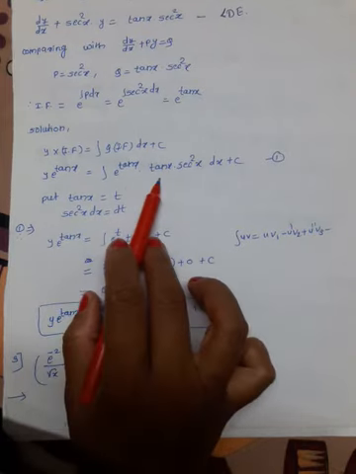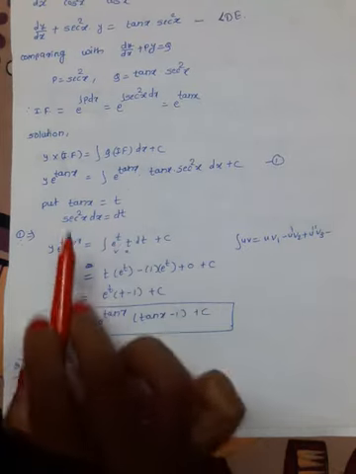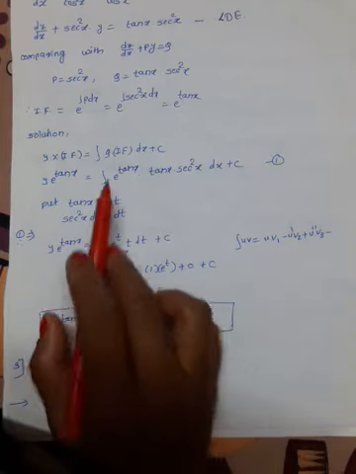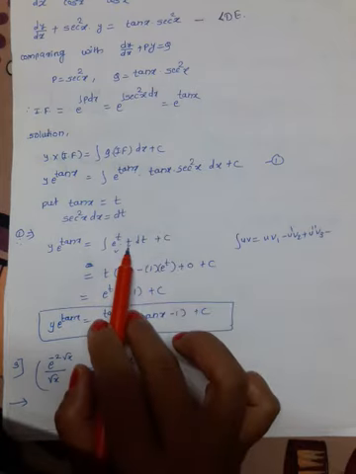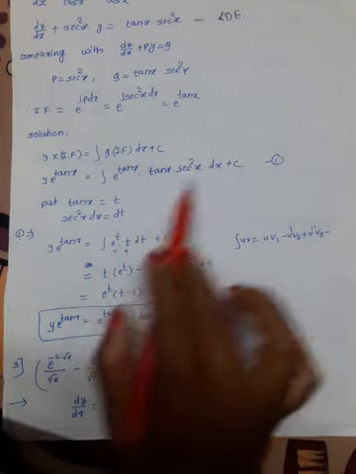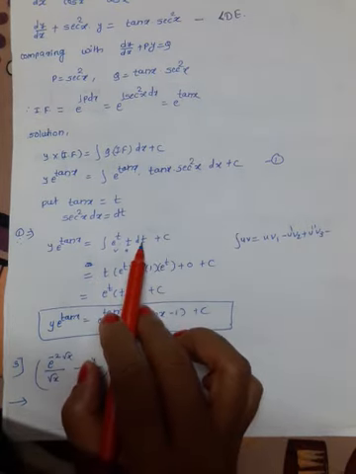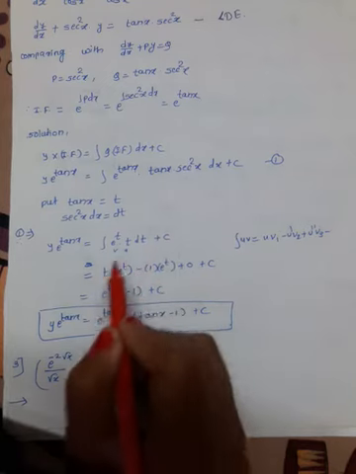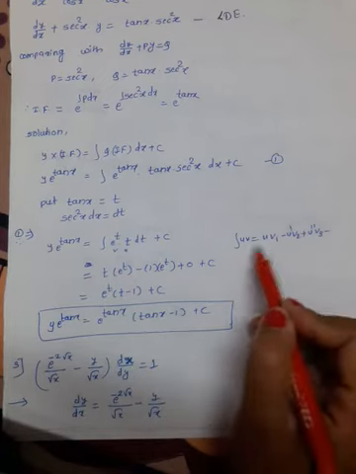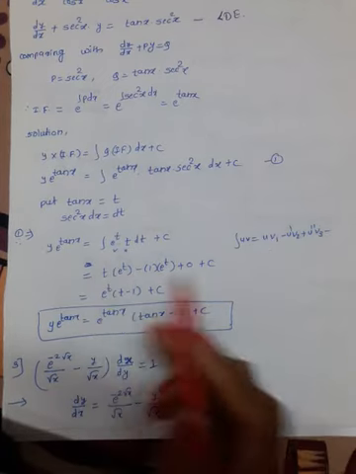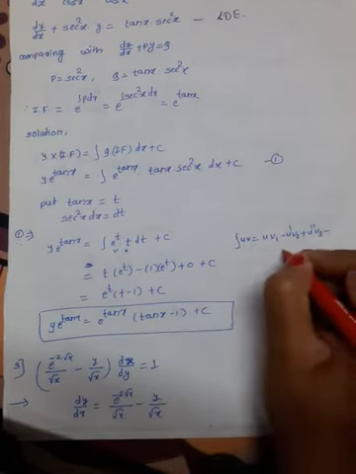Now put these values in the equation. We get y, the LHS as it is, equals integration of e raised to t, tan x becomes t, and sec square x dx becomes dt, plus c. Now this integration is very easy using the u into v rule. How do we find what is u and what is v?